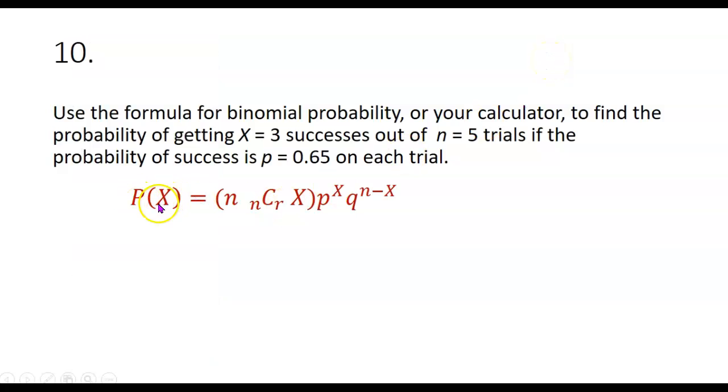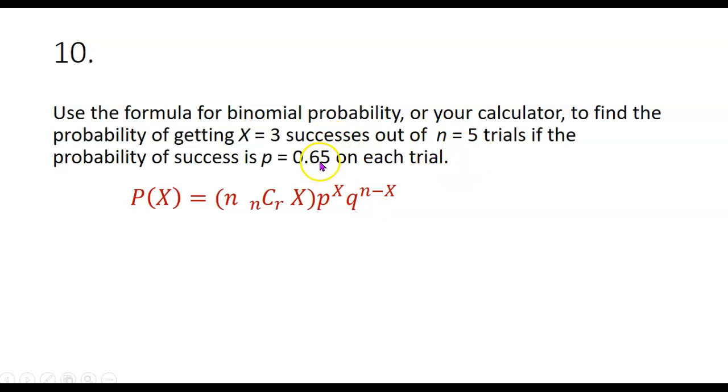Or we could use this formula, nCr x times p to the x power times q to the n minus x power. So here the n would be 5, the x would be 3, the p would be 0.65, and what about the q? Well, remember q is always 1 minus whatever p is.